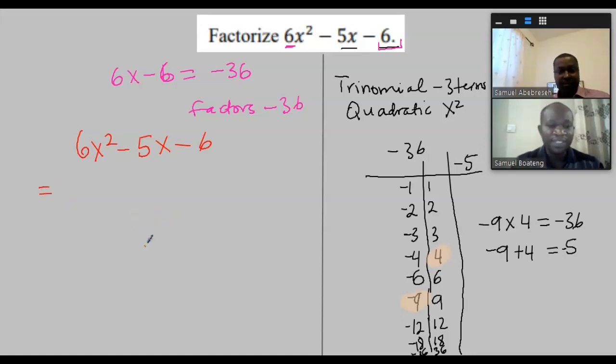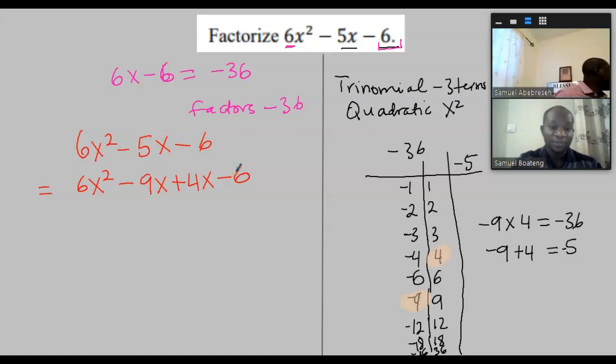We break the middle term into minus 9 and 4. We have not changed it, we are just rewriting minus 5. So 6x squared minus 9x plus 4x minus 6.